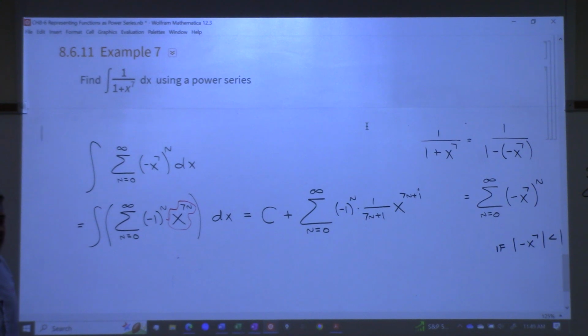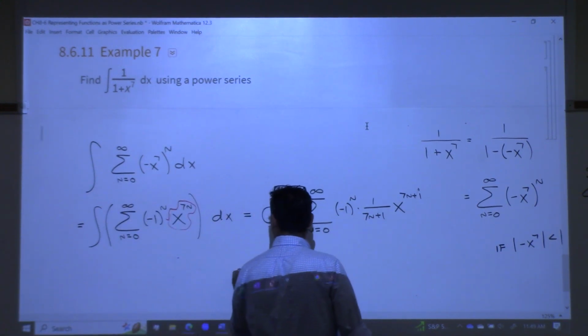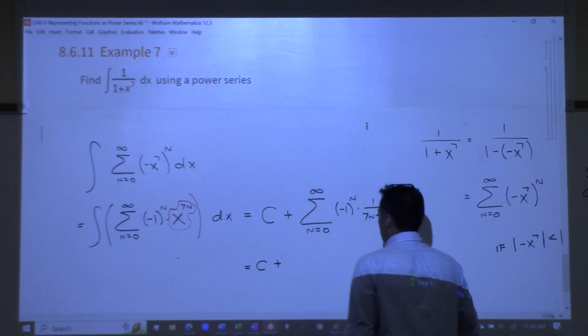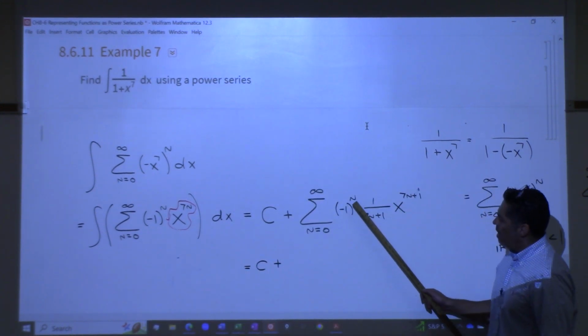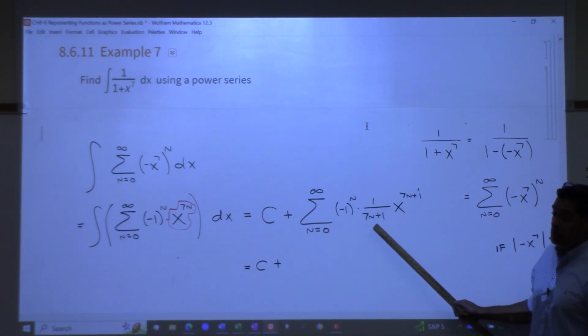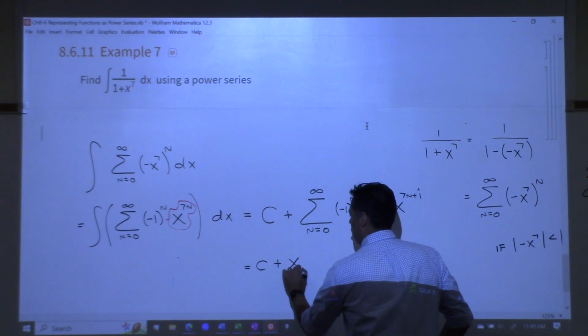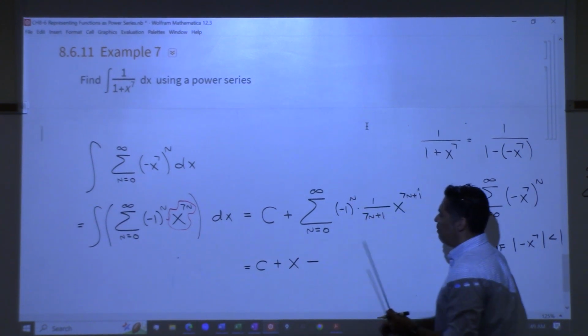All right, let's actually write out the first few of these terms. Let's plug in, c plus, if n is 0, we get a positive, and then we get 1 over 1, and then x to the 1. So we just get x. The next one should be negative, because now we're plugging in 1.